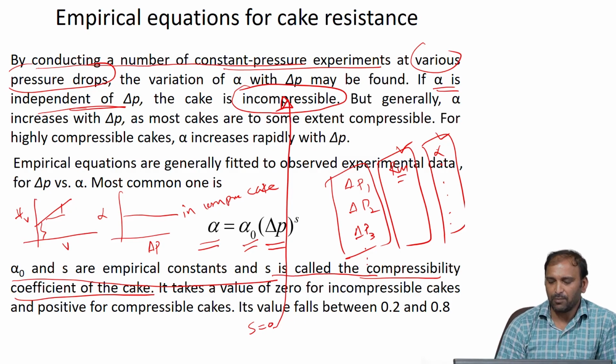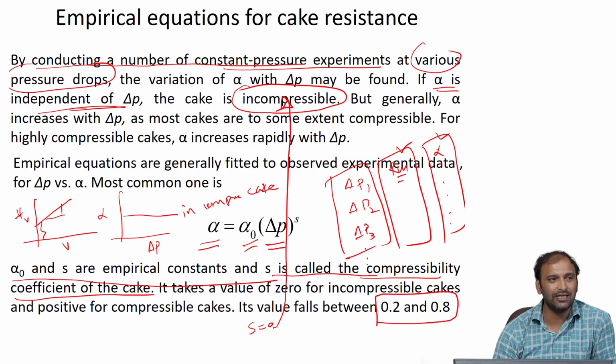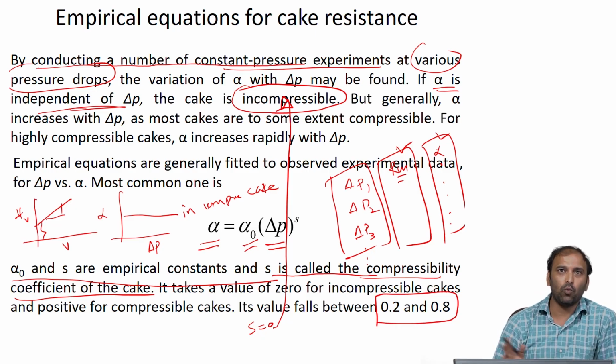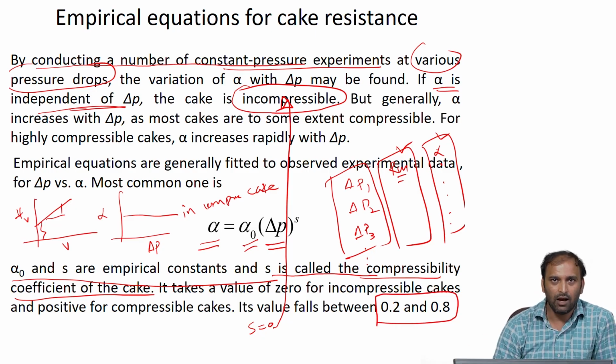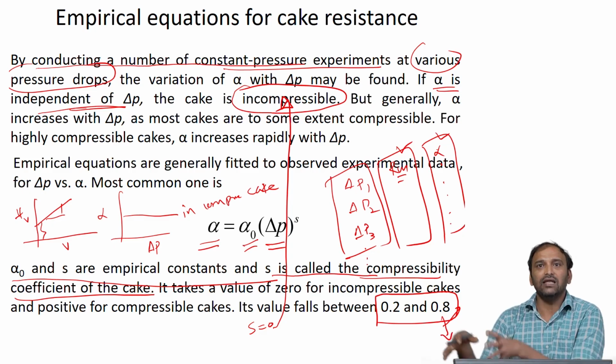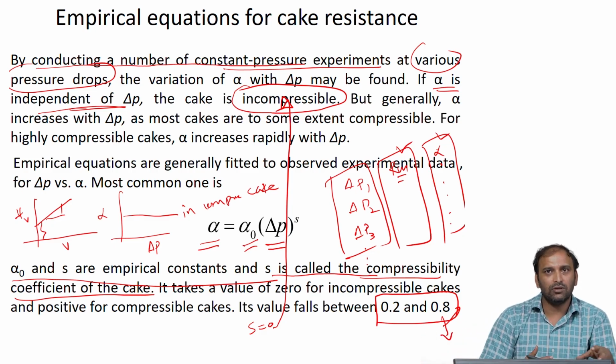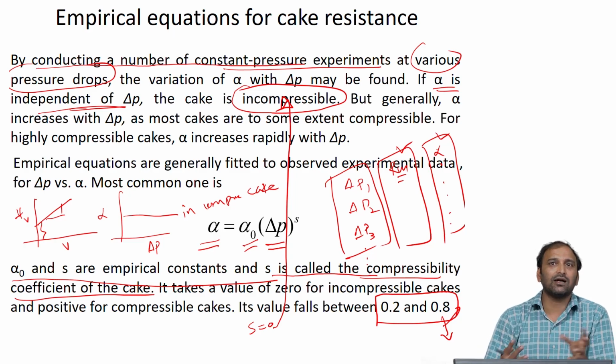However, typically people have found that s takes a value from 0.2 to 0.8 depending upon what pressure drop you maintain, and the closer this value is to 1, the more highly compressible the cake is. The closer it is to 0, the less compressible.